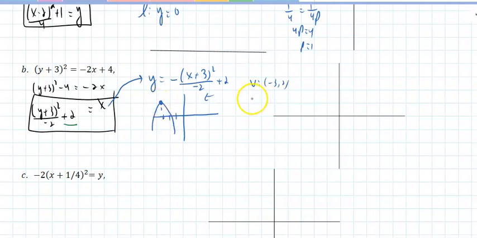We got it. We want the focus. We know it's going to be at x equals negative 3. And the directrix is y equals. And let's see how that works. We're going to take 1 over 4p and set it equal to 1 over negative 2. That indicates that p equals negative 1/2.